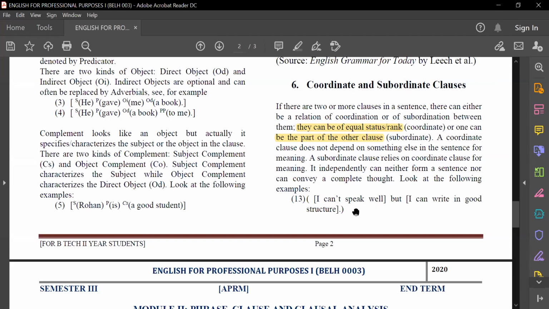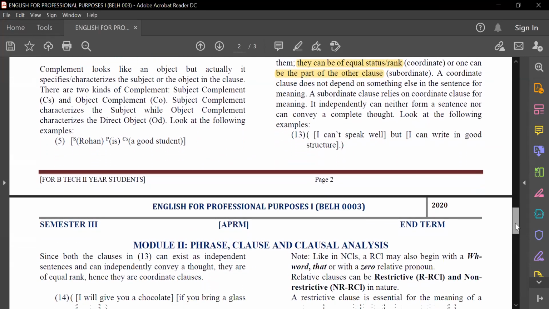Now, either of them can be removed and the meaning can be understood in isolation. But we are using both the independent clauses with a coordinate conjunction just to give a complete meaning and add information. So we have an independent clause on both sides, and we have a coordinate conjunction to give the meaning, which can be understood more clearly.